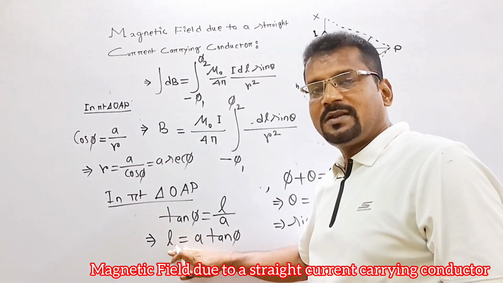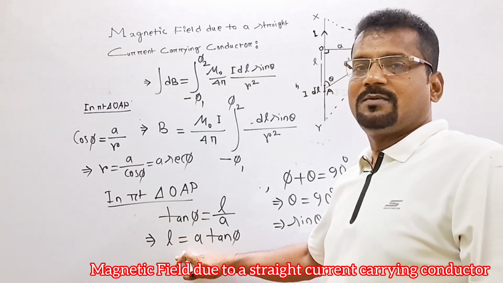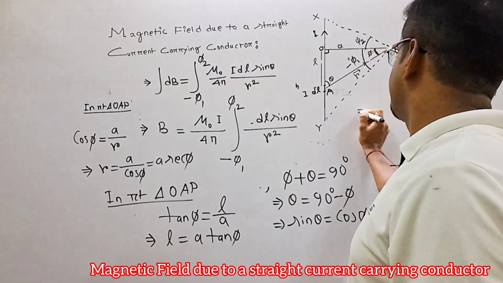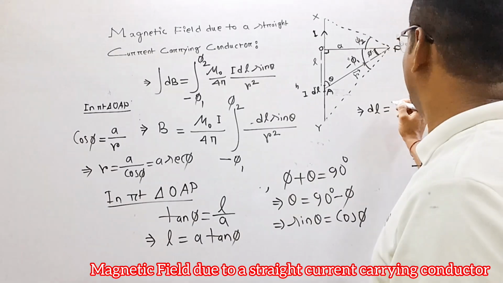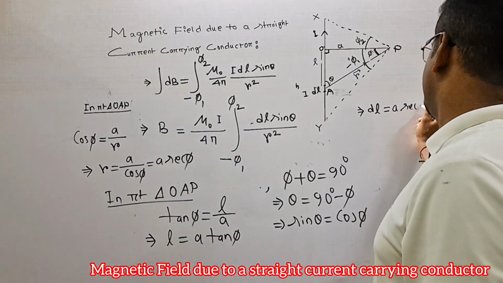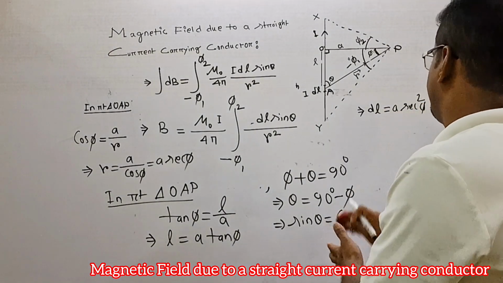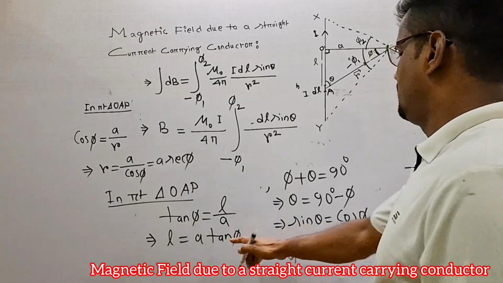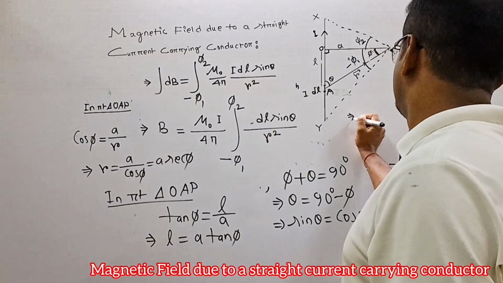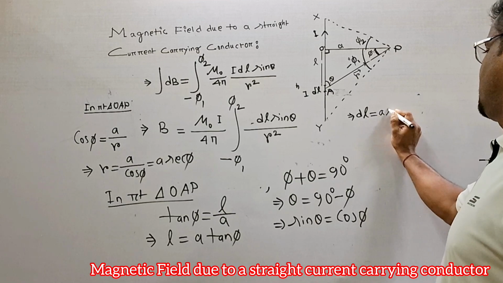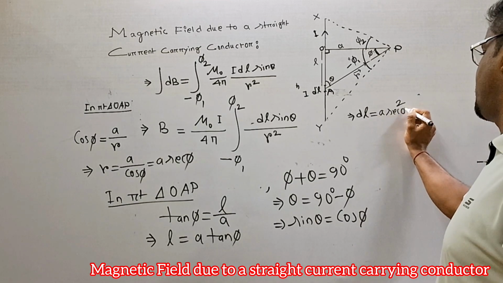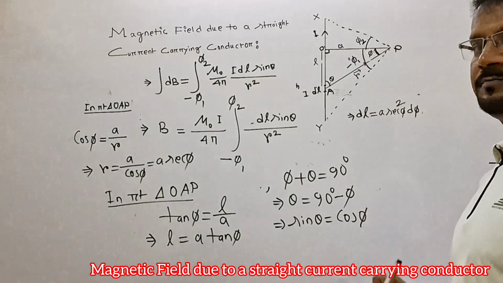Then you have to differentiate this to get the value of dL. So dL will be a sec square phi d phi. Differentiating this, dL is equal to a sec square phi d phi.